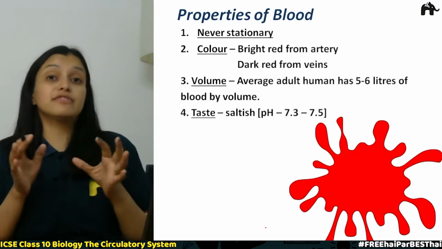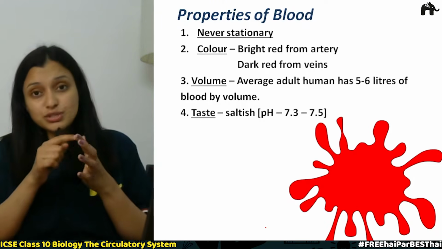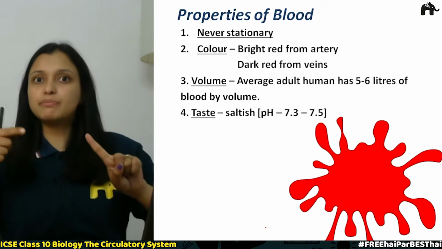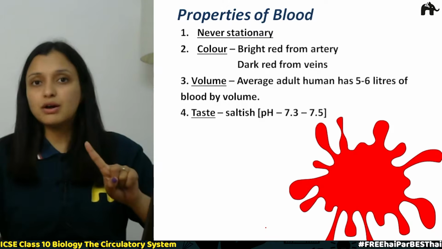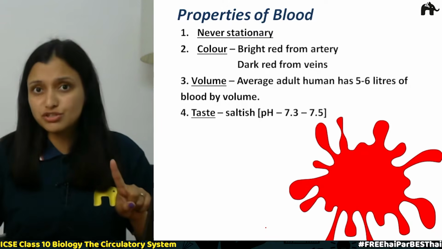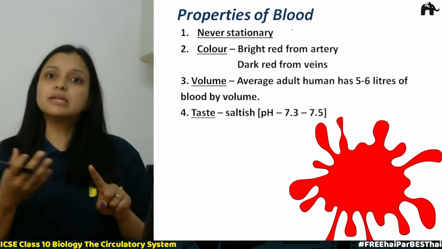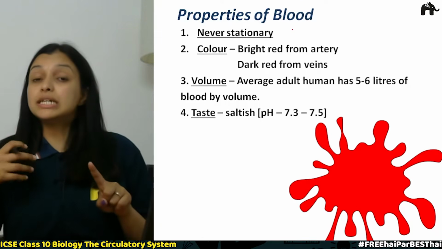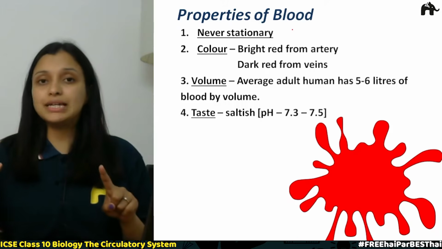Blood is never stationary. As soon as you see that a part of your body has been cut, you see the blood flowing. Blood is coming out. So this means that blood is not stationary. It is continuously moving. That is true. The blood is never stationary and it is continuously moving inside our body.